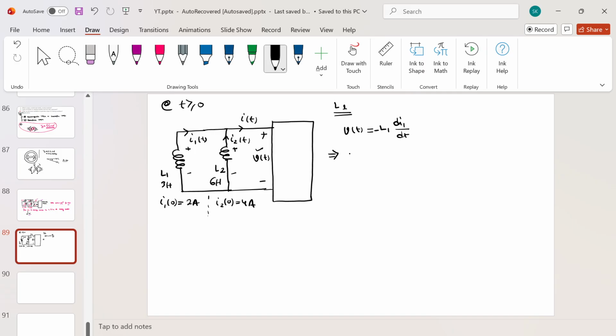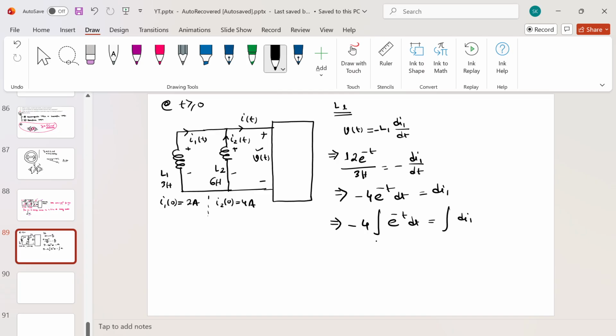Okay. Now proceed. 12 e to the power minus t, and L1 is 3 Henry, is equal to minus L1 di1 by dt, so minus 4 e to the power minus t dt is equal to di1. Now do the integration. Let's say at t equal to 0, my initial current was I1 of 0, which is 2 ampere, and at any given time t, I want to see the current I1 of t.